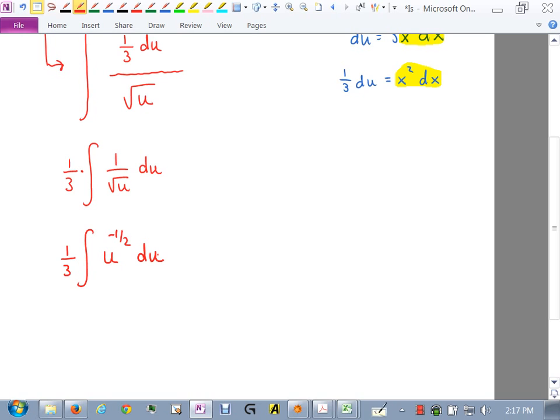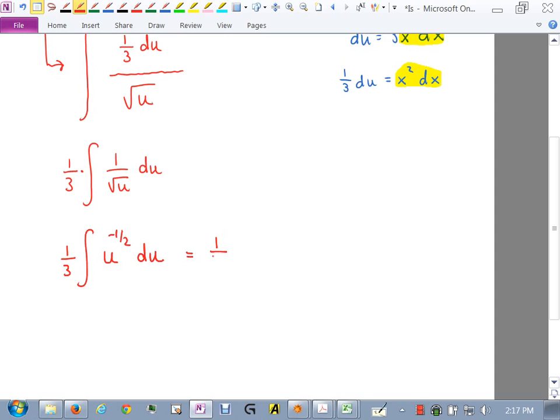You following me? U to the negative 1/2. What is the antiderivative of u to the negative 1/2? No, we haven't taken the antiderivative yet. We have to find the antiderivative first.